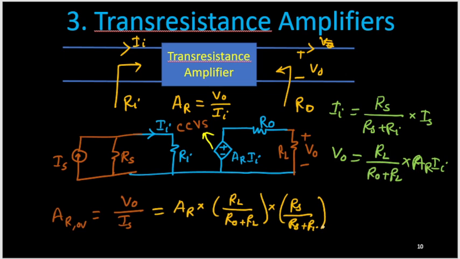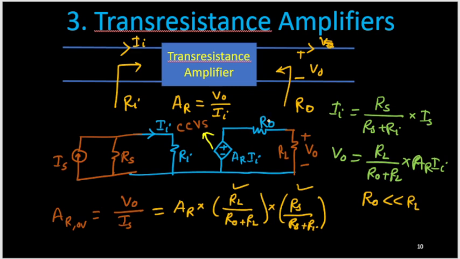Now you can see that to get maximum overall gain, each of these should be close to 1. So what is the condition? Here the condition is R0 should be very low compared to RL. Can you see these things? R0 should be very small compared to RL.